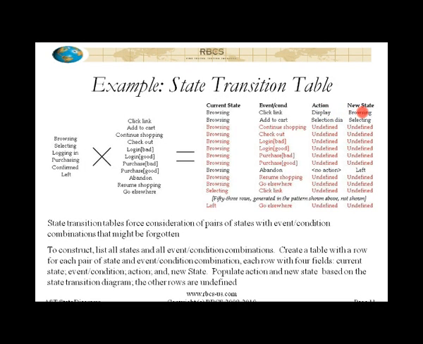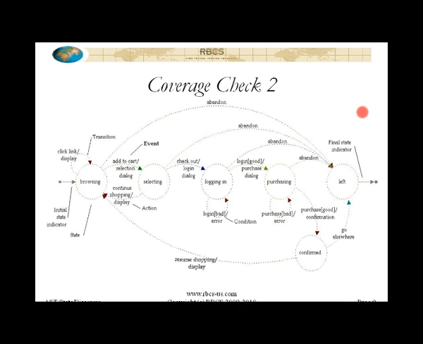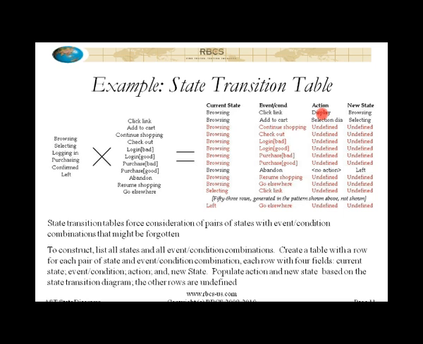Now, action and new state, where did that come from? Well, that came from the original diagram, right? So if I look at the state and the event condition combination defined in the first two columns of the row, if there is a defined transition with an associated action perhaps, and certainly a resulting state, then that gets populated into the action and new state cells in that row.